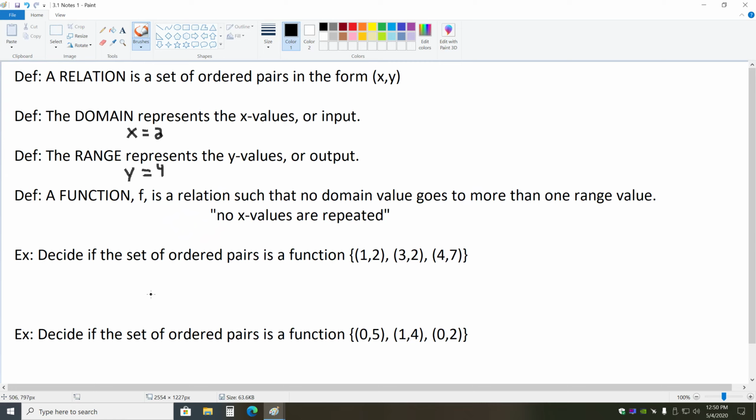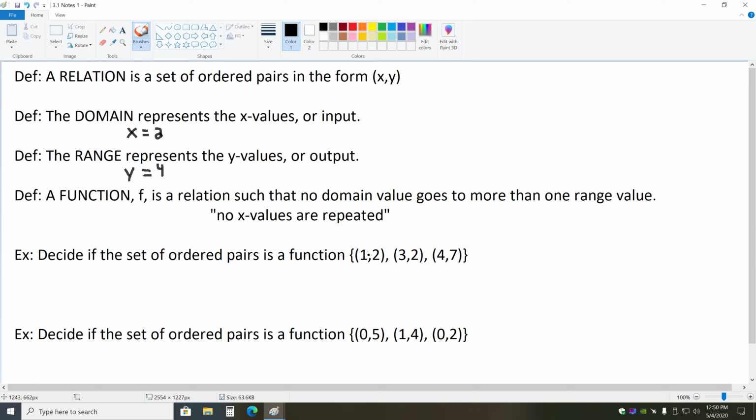So, let's go ahead and look at these two sets of ordered pairs, meaning sets of points. Whenever you see a curly bracket like this on each side, it means you're dealing with a set, which comes up a lot in higher levels of mathematics. So we'll say for this example, we want to decide if the set of ordered pairs is a function.